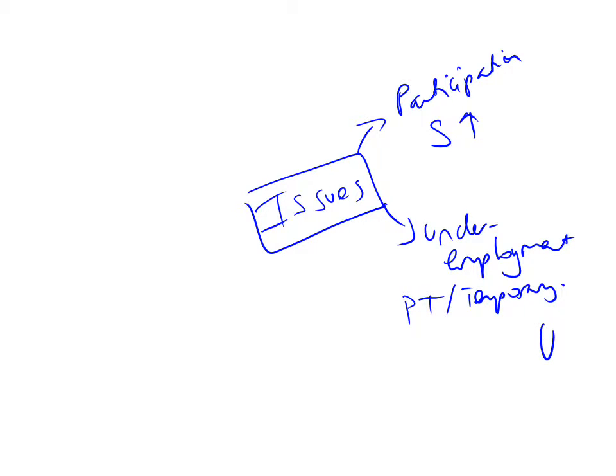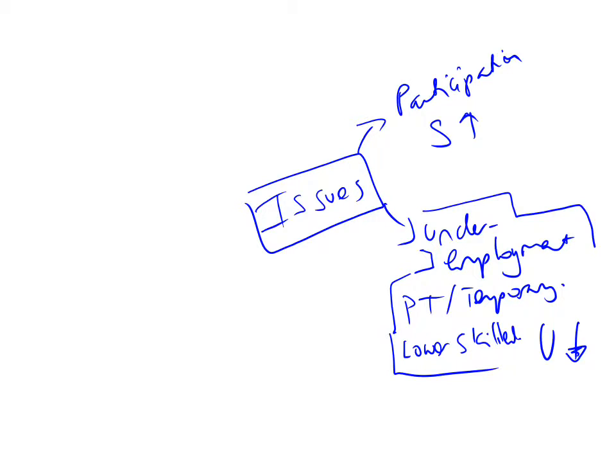We do have a significantly low unemployment level in comparison to other countries, but a lot of those jobs are in lower skilled jobs from people who have higher skilled potential.